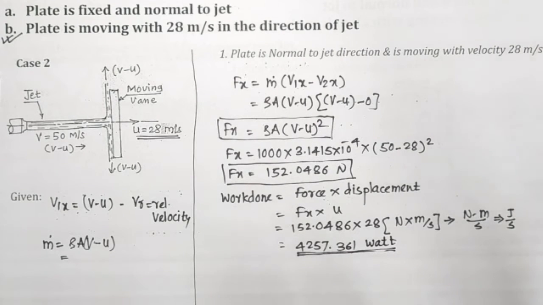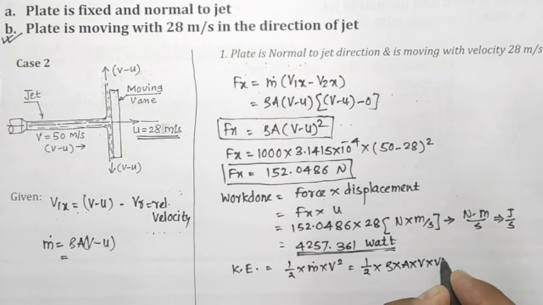Now if we have to find out the efficiency, we must first find out the kinetic energy, which is equal to 1/2 into m dot into v square. So the kinetic energy available is given as 1/2 into mass, which is nothing but rho a v, into v square.